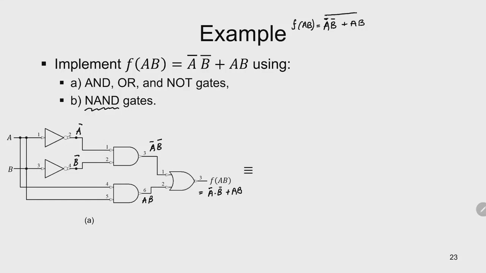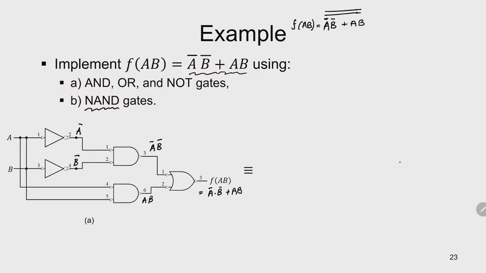If we invert it and then invert it again, we're back to itself. So a double inversion is the same as this original expression. And then we can apply DeMorgan's theorem.